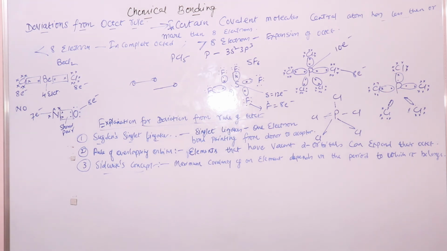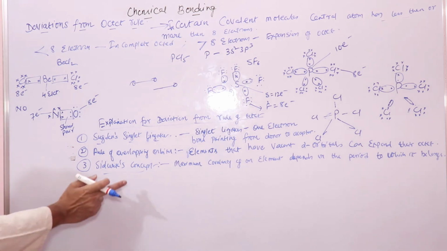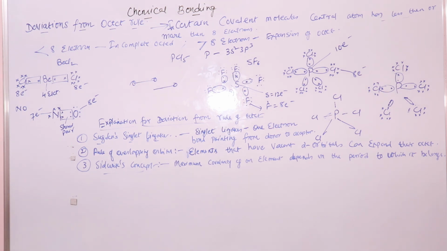The covalency of an element may exceed 4, and an octet can be exceeded. So the maximum covalency of an element depends on the period where it belongs.